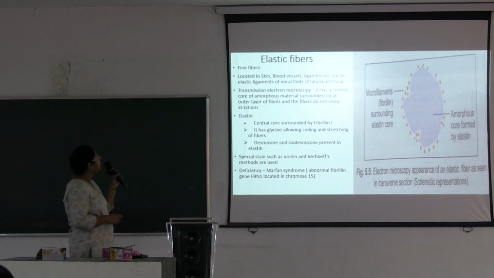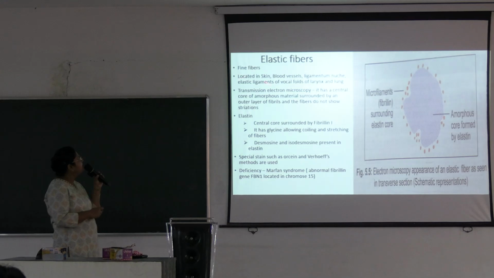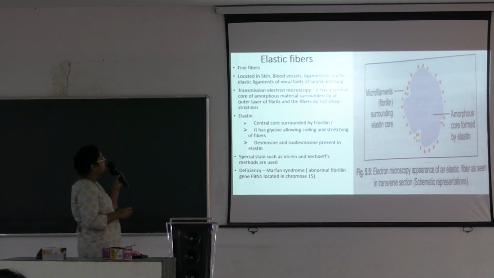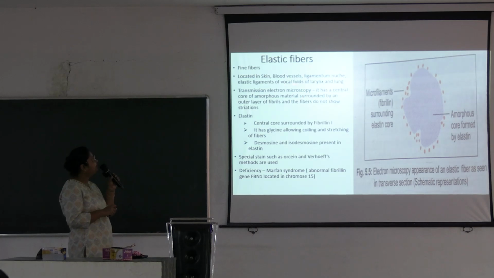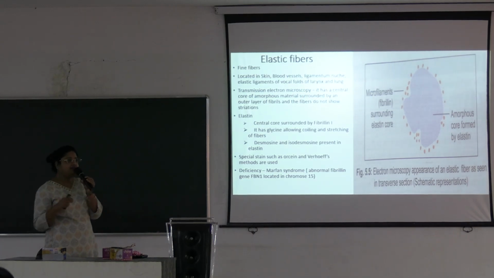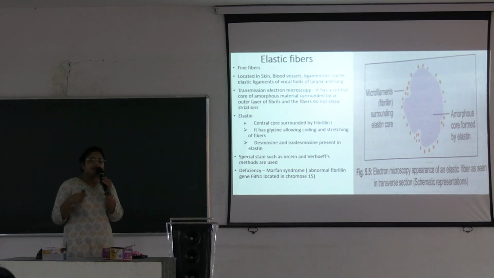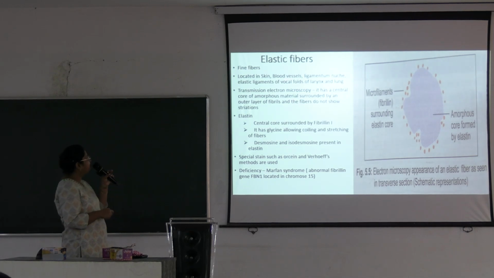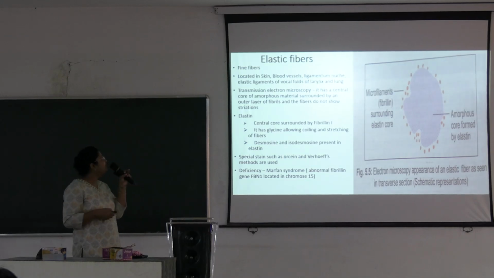Elastic fibers are fine fibers located in skin, blood vessels, ligamentum nuchae, elastic ligaments of vocal folds of larynx and lungs, where elasticity is very important. For the lung there is expansion and contraction, for vocal cords fine movements are needed, and in blood vessels also expansion and contraction is needed.